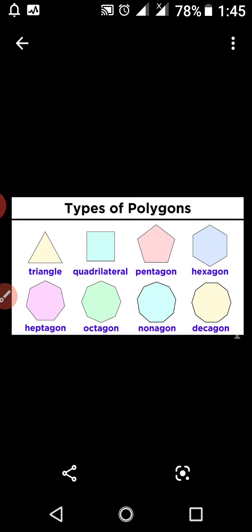If it has 7 sides, a heptagon or septagon. If it has 8 sides, an octagon. If it has 9 sides, a nonagon. And if it has 10 sides, a decagon. These are the names of the polygons according to the number of sides.